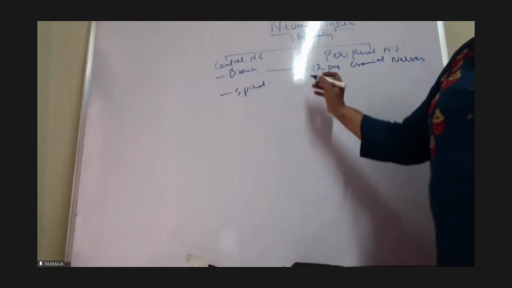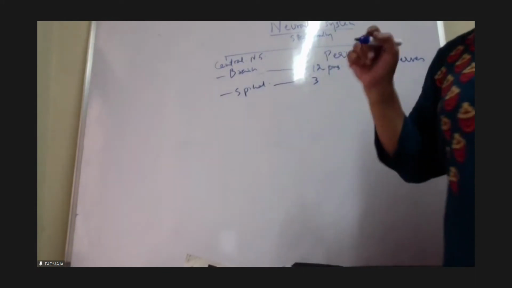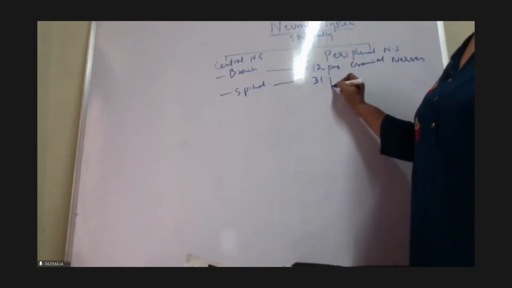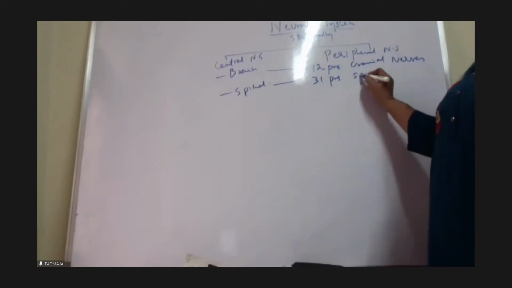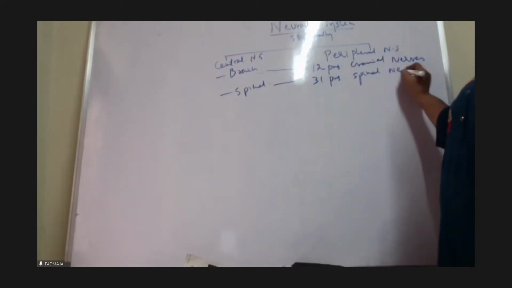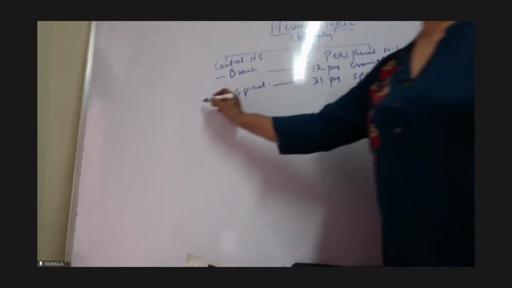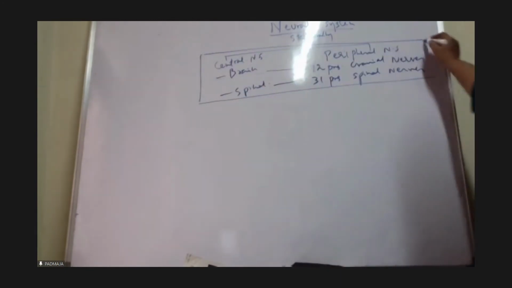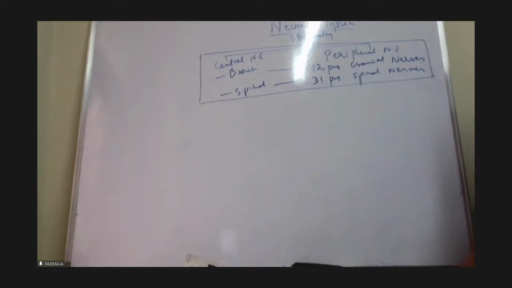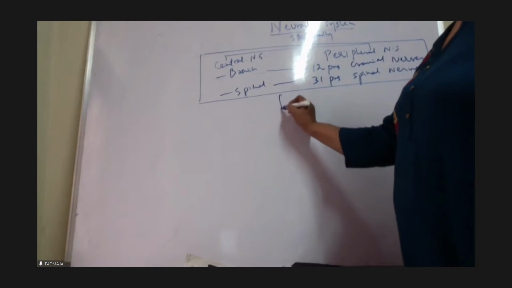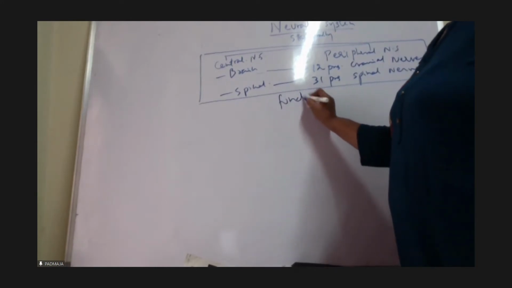From the spinal cord, in humans 31 pairs of spinal nerves arise. So all these things are kept under the structural part of the neural system. Got it? Now we'll move to the next one, the functional part of the neural system.